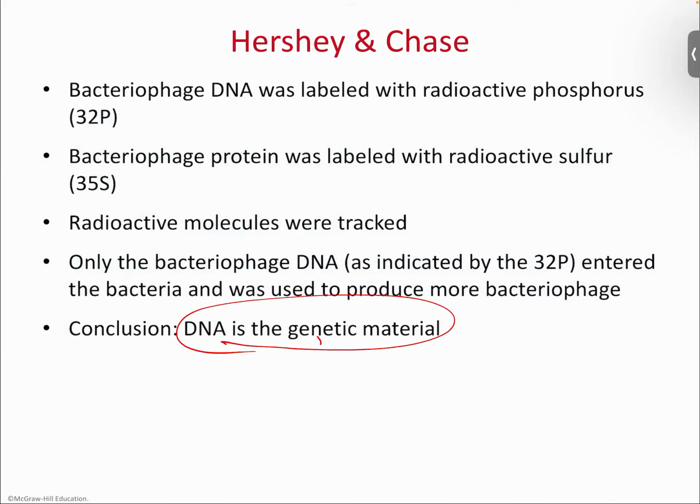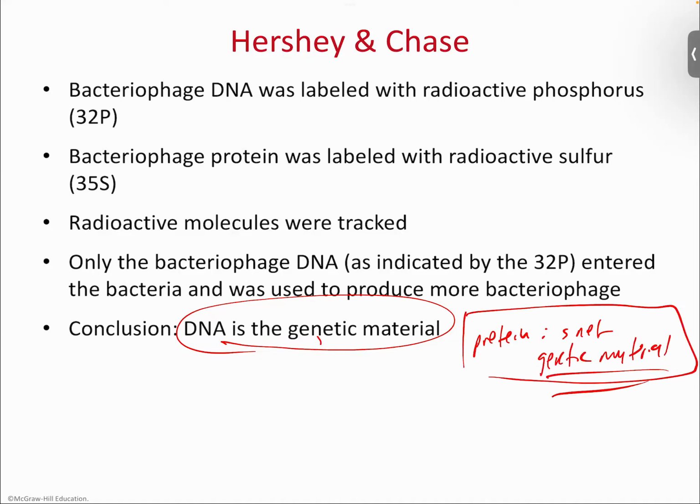No, that's not what your experiment just proved if you stop there. What your experiment just proved if you stop there is not that DNA is genetic material, it's that protein is not. That's what the first half of that experiment came up with.